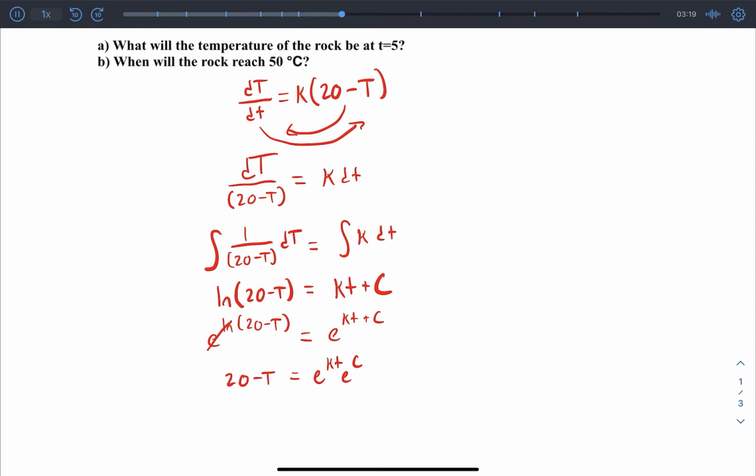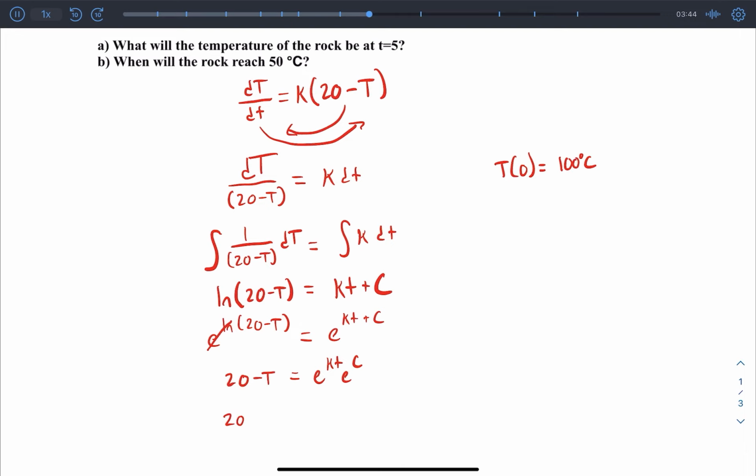Now that we have an equation with temperature on one side and time on the other, let's plug in some of our initial conditions to get rid of some unknowns. We know that at time 0, our rock is equal to 100 degrees Celsius. So let's plug that in.